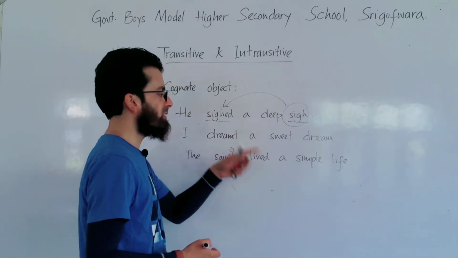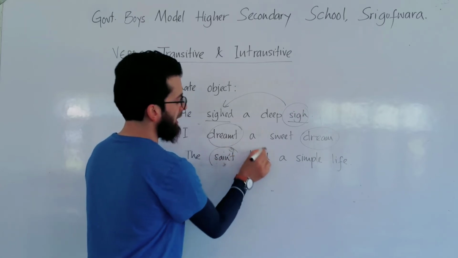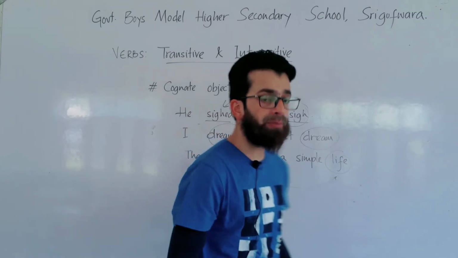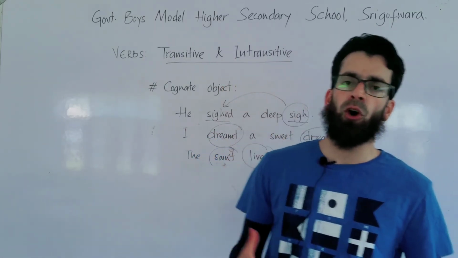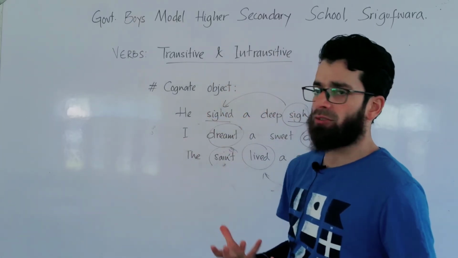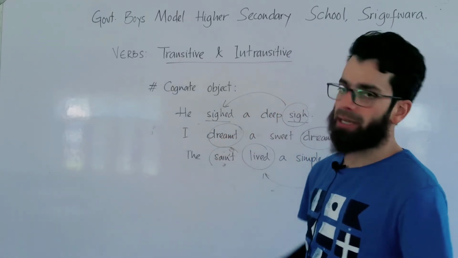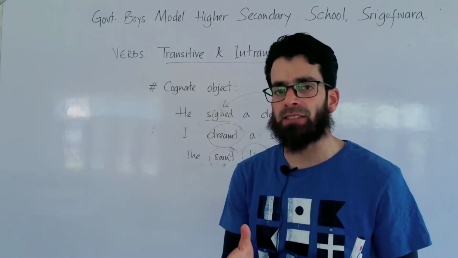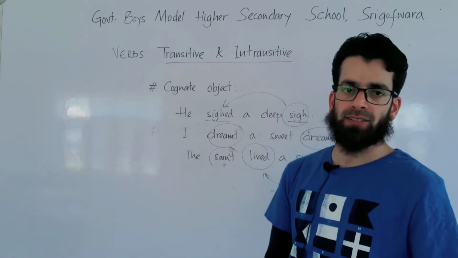And dreamt and dream, and lived and life. So some intransitive verbs do carry an object along with them, and that object is known as a cognate object, generally a noun but akin in meaning to the verb itself. And all of these verbs function intransitively in these sentences.